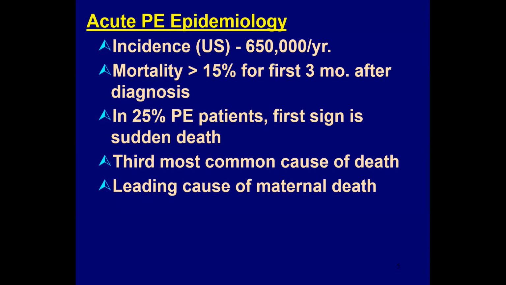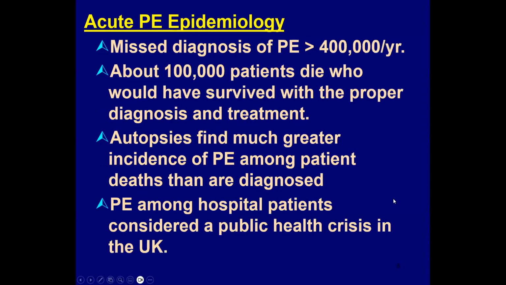PE is the third most common cause of death, and it is the leading cause of maternal death. Diagnoses of PE which are missed are up to more than 400,000 per year.